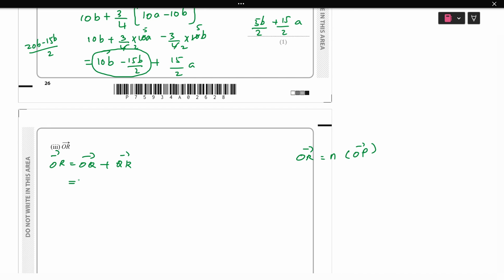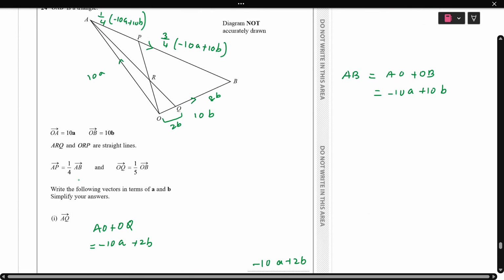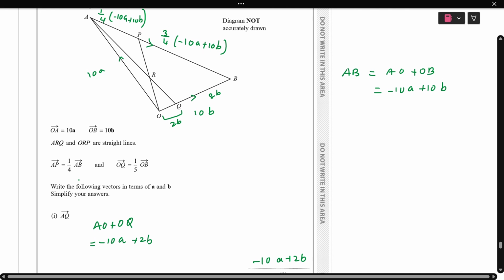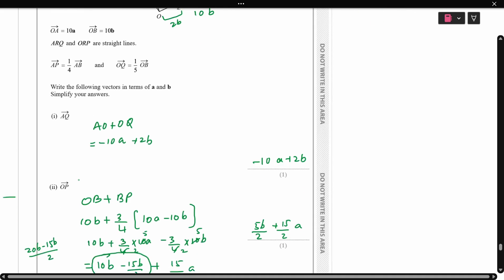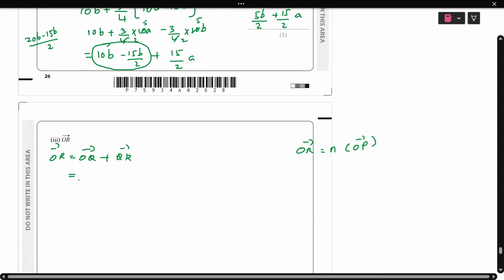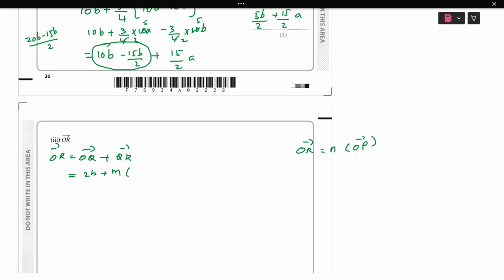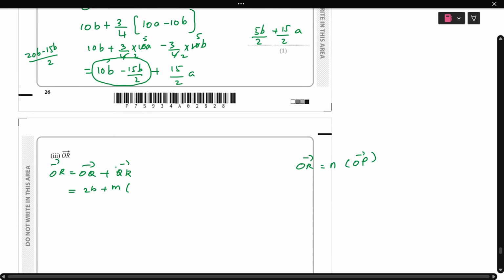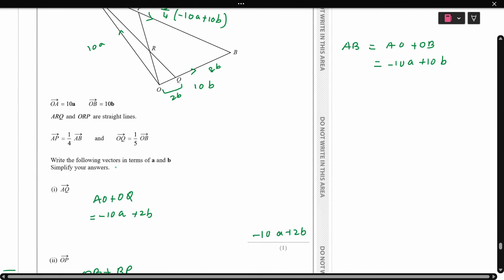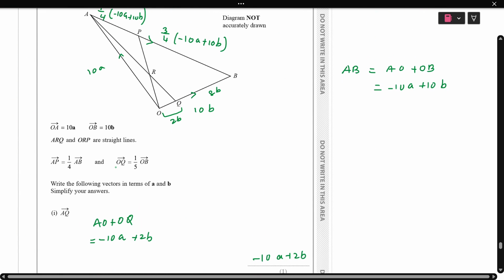Now OQ equal to 2b and QR equal to some multiple of the AQ vector. So I'll write 2b plus m times the AQ vector.